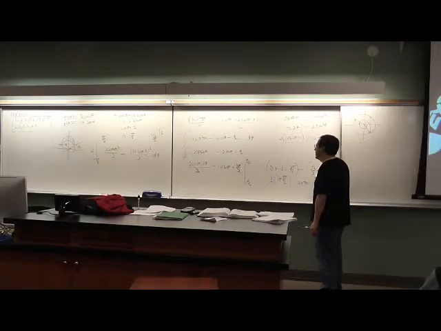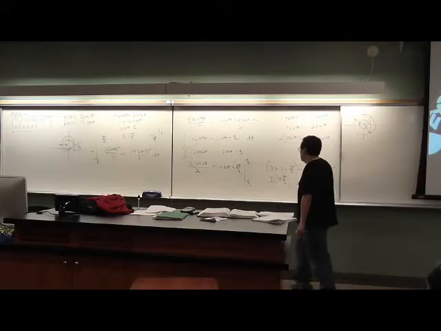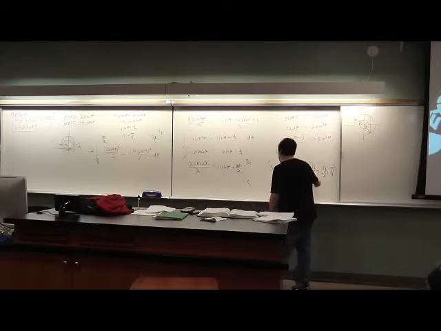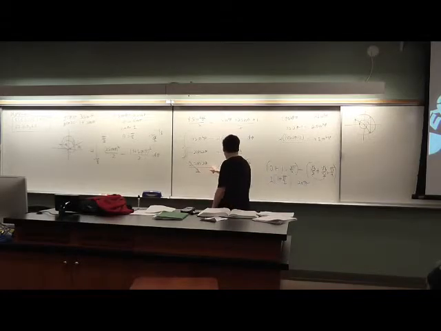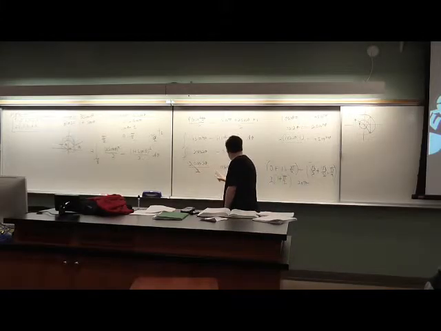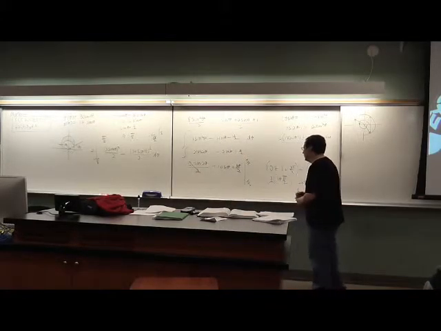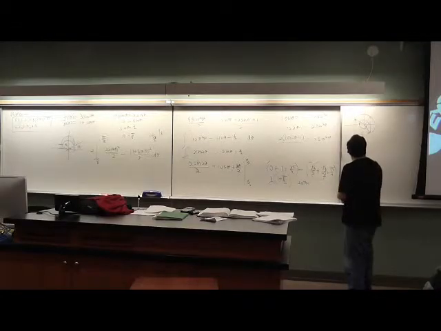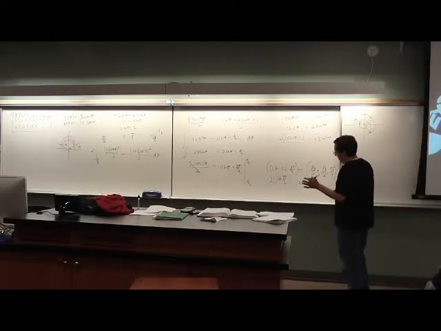Okay, wait a minute. So this should be negative sine of 2 theta at pi over 6. So it should be negative sine of pi over 3.